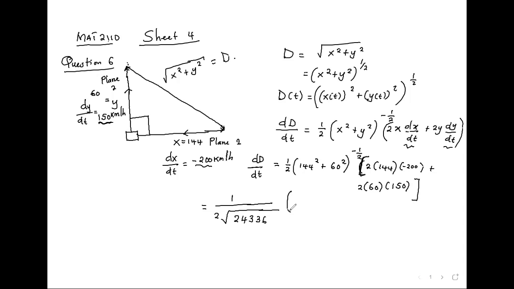Because I know it's a negative, so I'll put negative 57600, plus 2 by 60 by 150. That is 18,000.